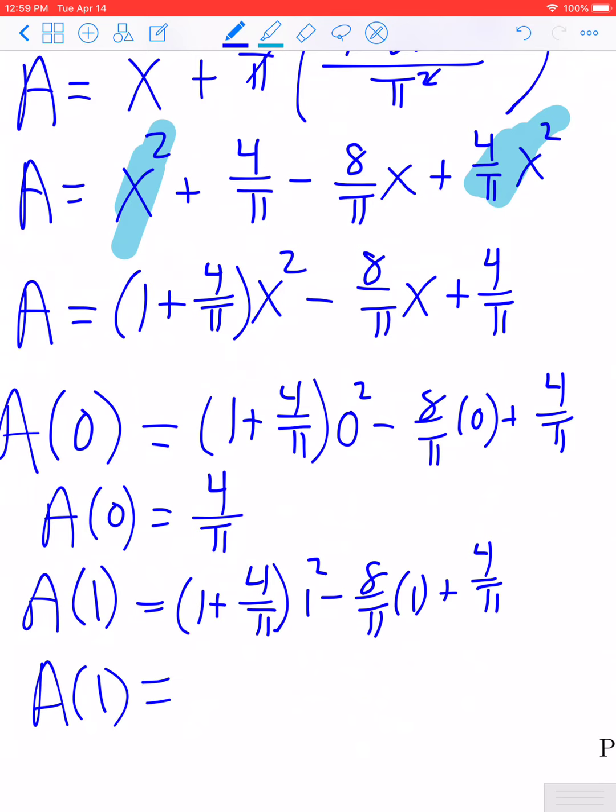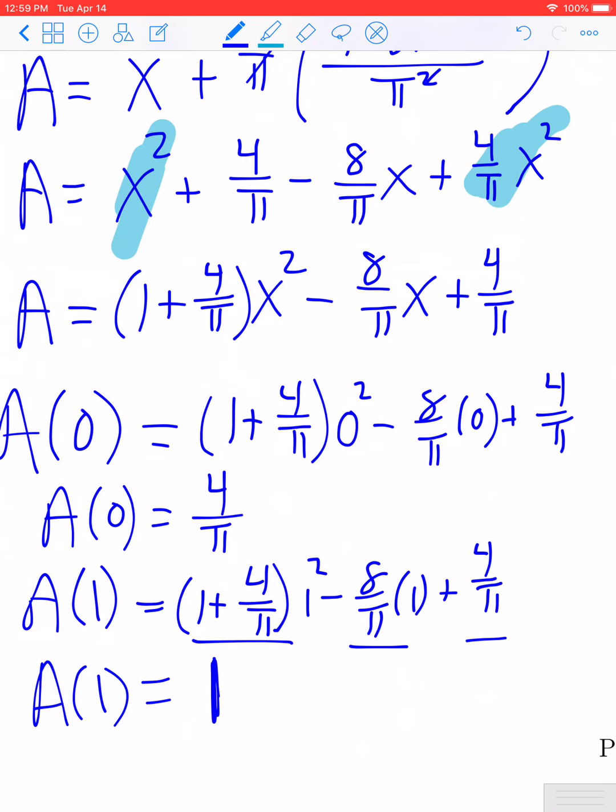One squared is 1, so this would be 1 plus 4 over pi minus 8 over pi plus another 4 over pi. The pi terms would cancel because 4 over pi plus another 4 over pi would give us 8 over pi, and that cancels with the negative 8 over pi, and that would leave us with just an area of 1.